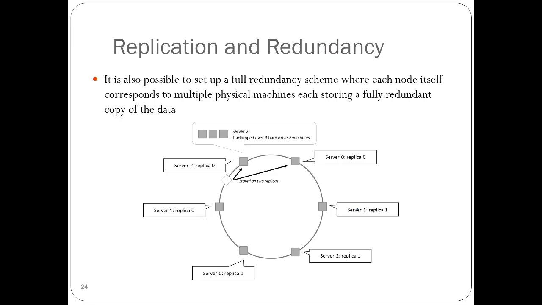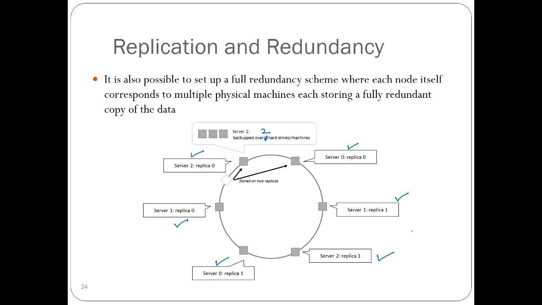All right. So what do we have here? Look at server 0. Well, there is a typo here, it should be 2. Server 0, replica 0, server 0, replica 1, and server 2, replica 0, server 2, replica 1, server 1, replica 0, server 1, replica 1.